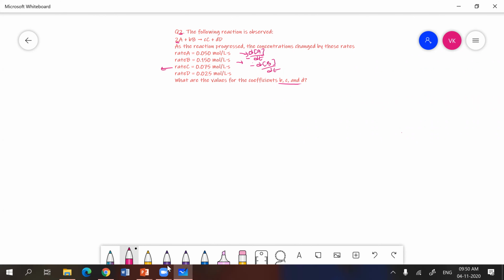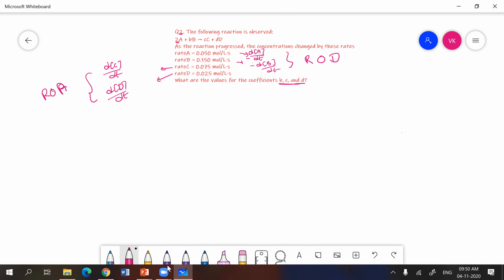And C is on the product side, so you have to take it as positive, and this value is positive. These two are products and these two are reactants. So rate of disappearance they gave you, rate of appearance also they gave. And what are they asking? They are asking you to find the B, C, D values.